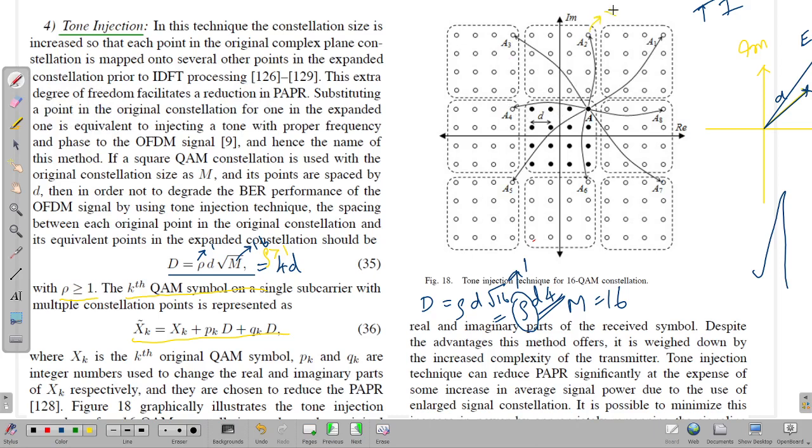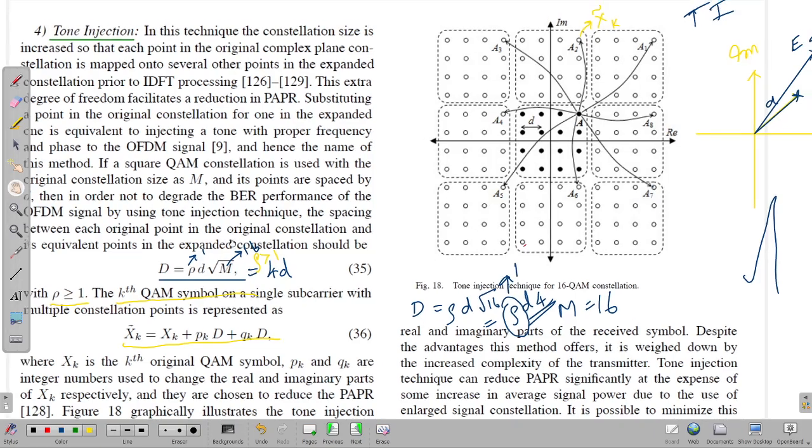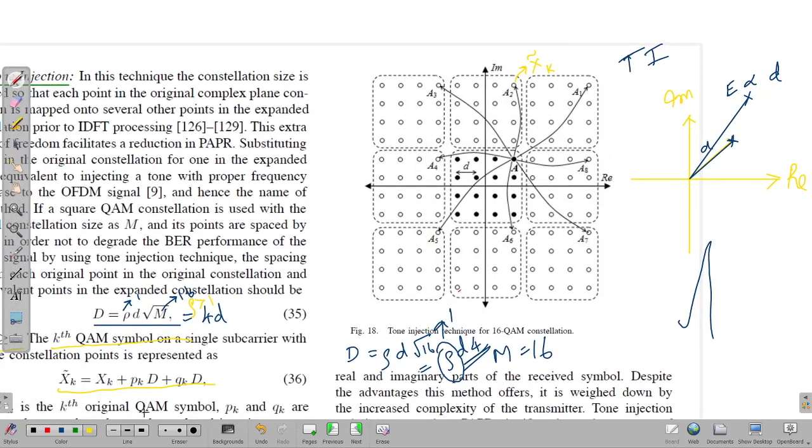Let's say this is xk tilde. In general it can be written as xk plus pk into d plus qk into d, where d is the distance between the original constellation points and its equivalent constellation point in the extended constellation.